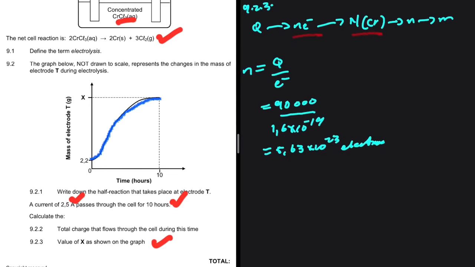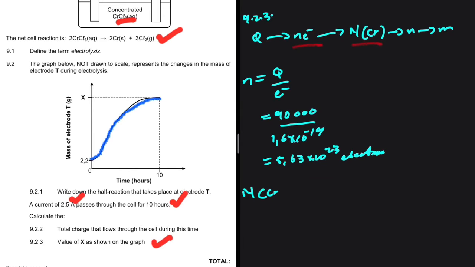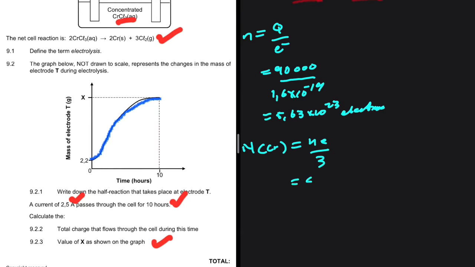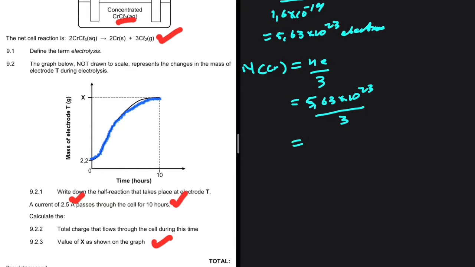So the number of atoms of chromium equals the number of electrons divided by 3. We're going to have 5.63 times 10 to the power 23 divided by 3. If you put that in your calculator, you're going to get 1.88 times 10 to the power 23 as the number of atoms of chromium.